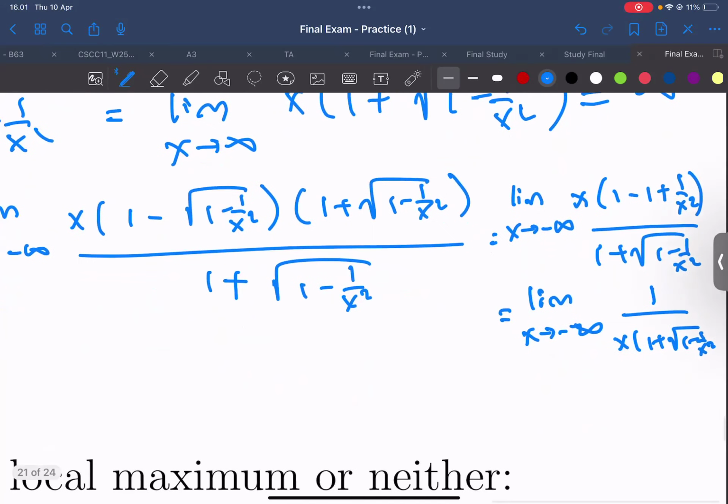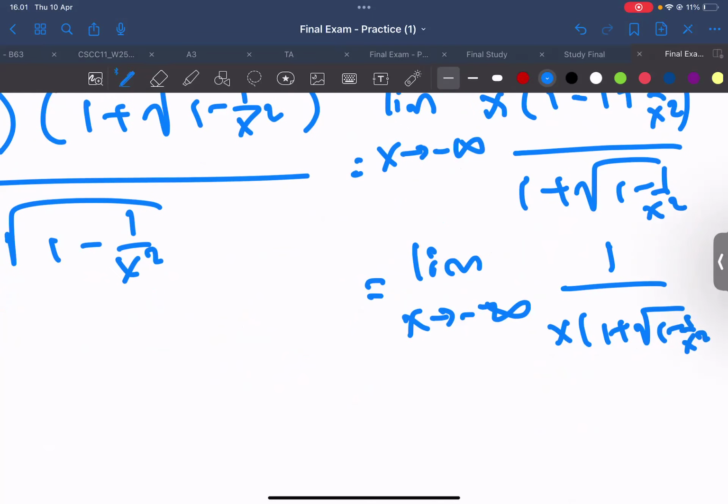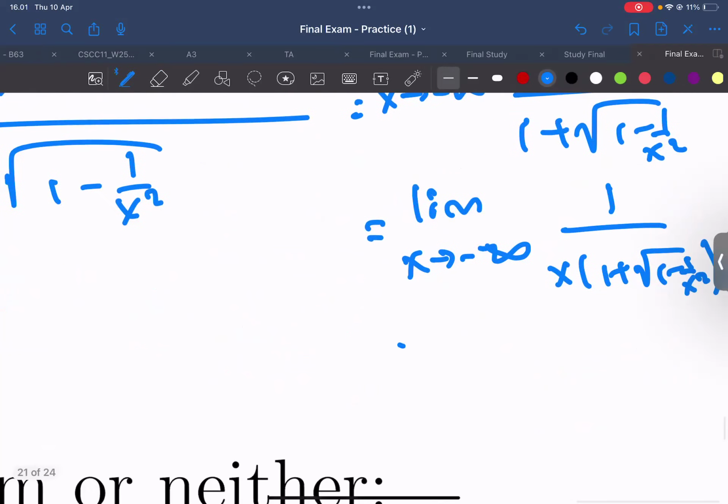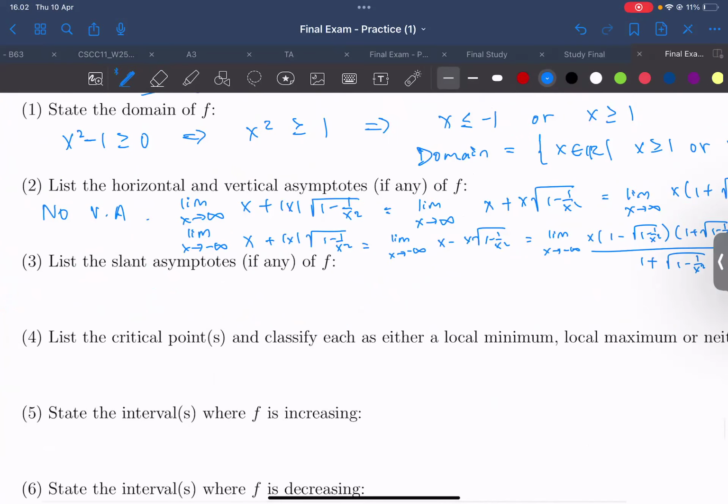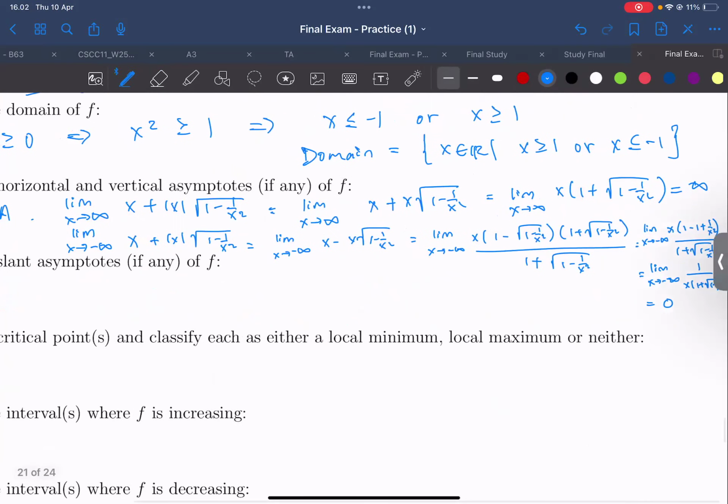So now it's pretty clear that if you plug in negative infinity, this term will go to 0, because 1 minus 1 over x squared is basically 1 minus 0. So it'll be 1 plus 1, and we divide by minus infinity, so it'll be like 1 over infinity, so it will become 0. So we have a horizontal asymptote as x goes to negative infinity, and the horizontal asymptote is y equals 0.